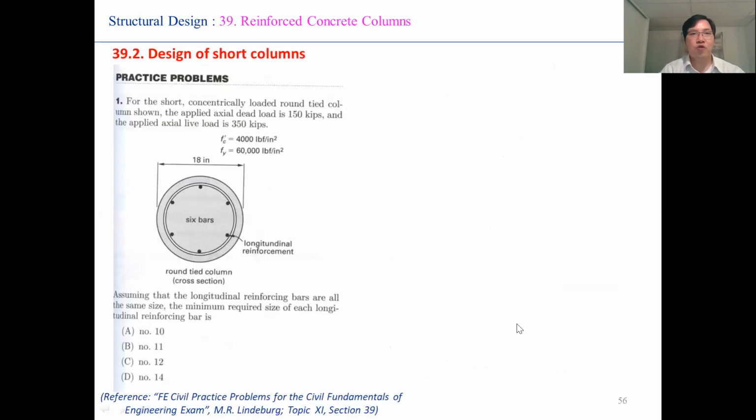So now I show you the practice problem for the design of a short column. Here is the problem for the short column. They give you the applied axial dead load and the applied axial live load. They give you also the property of concrete, the property of steel, and the dimension of the column.